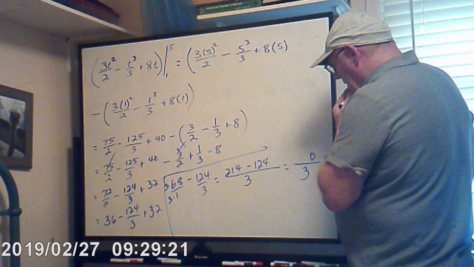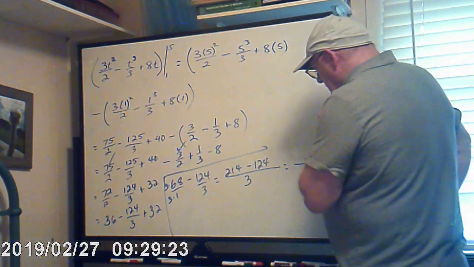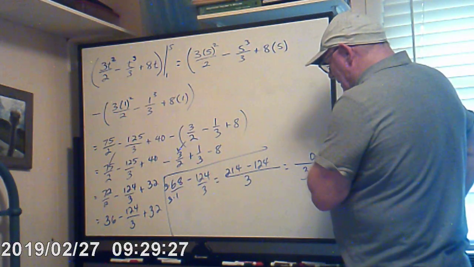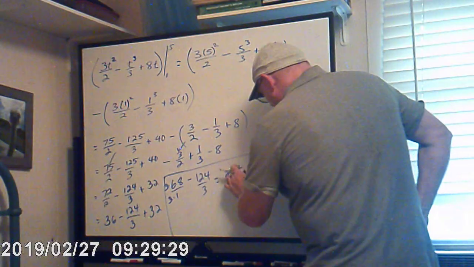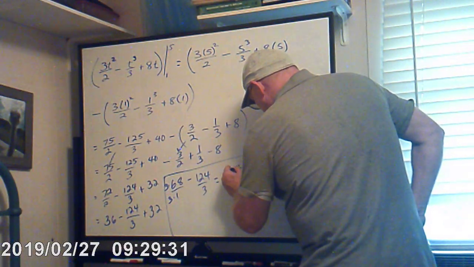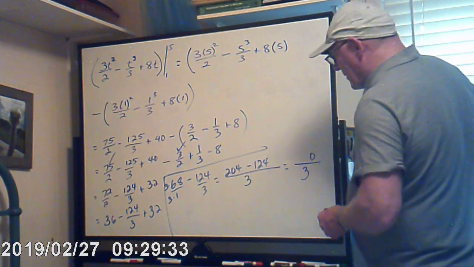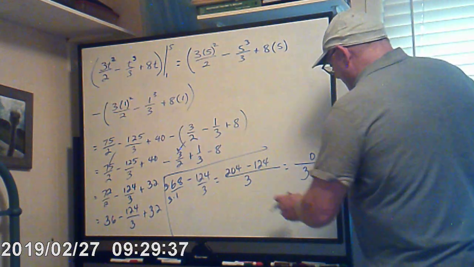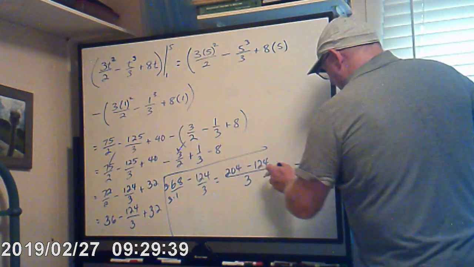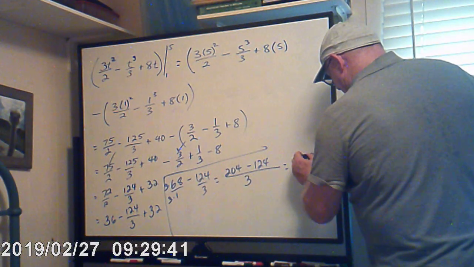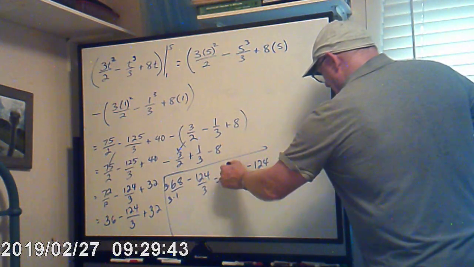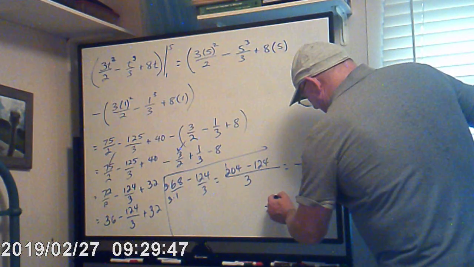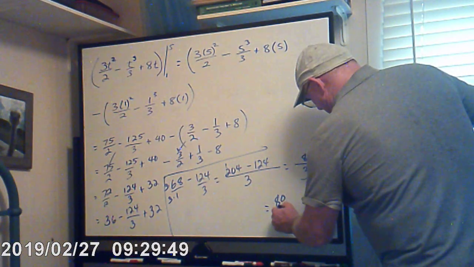Let me see here. 3 8s are 24, 3 6s are 18, 19, 20, 204. Ah, that's more like it. I knew something was going on here. Now 12 minus 2, 10 minus 2 is 8. And then of course that just leaves us 1 minus 1 is 0. So 80 over 3.